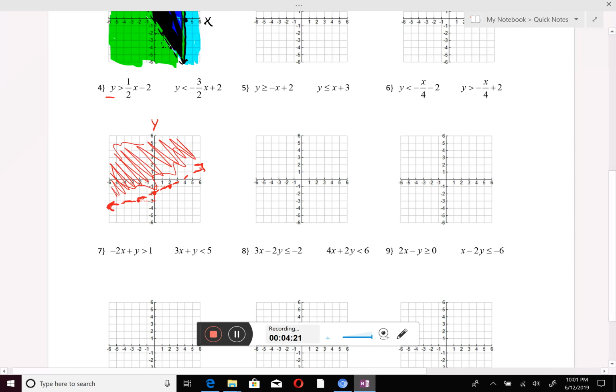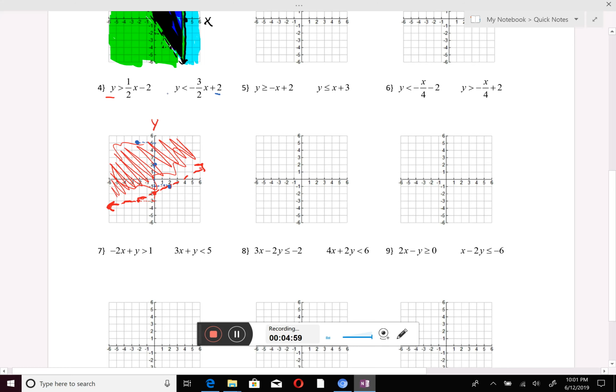Now for this second line, I'll do in blue. I'll go to positive 2, because that's what my y-intercept tells me to start at. And then my slope is a negative 3/2. So I'll go first down 3, 1, 2, 3, and to the right 2, and I'll plot my first point. Then I can go now up 3, 1, 2, 3, and to the left 2. And I'll put the point there.